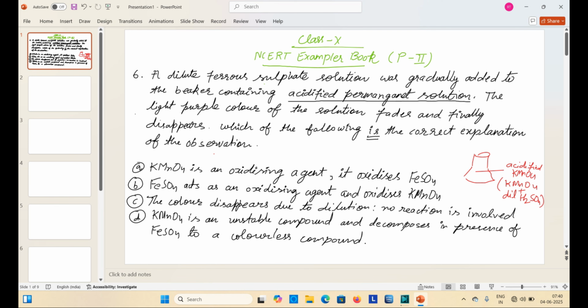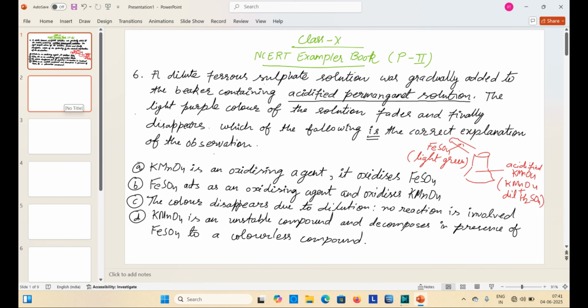When you are adding dilute ferrous sulfate solution, which is light green in color, you find that the color of the solution fades and finally disappears.